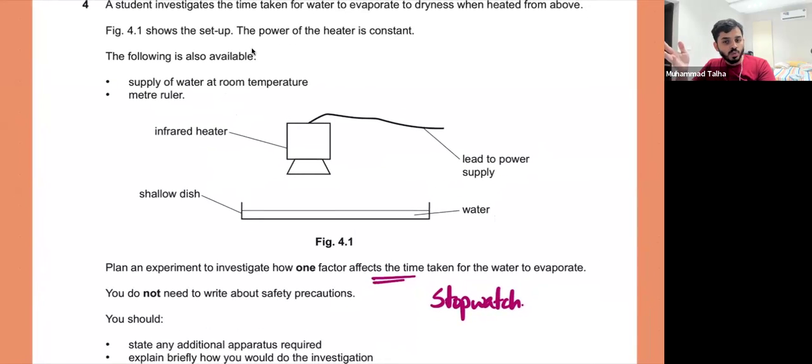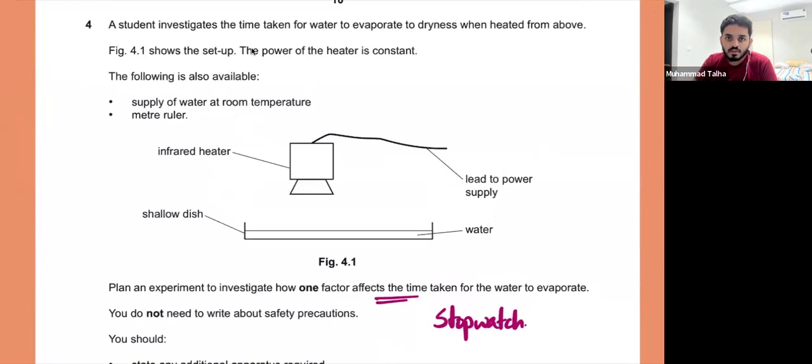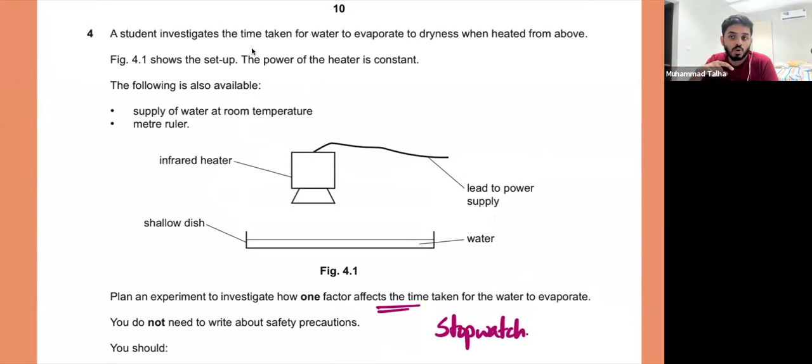Plan an experiment to investigate how one factor affects the time taken for the water to evaporate. Now, if you just think about it, you can probably see that you are going to measure the time. And to investigate that one factor, you are going to change that factor in some way. If I remember correctly, in this case what we changed was the distance of the heater from the water, right? So that's what we did.